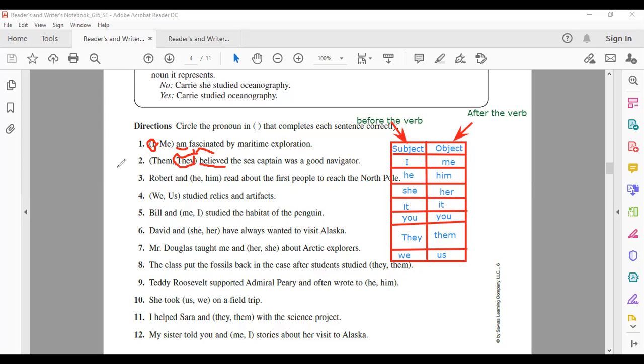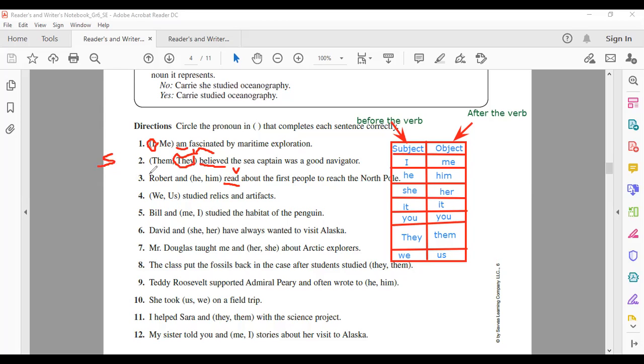Robert and he read about the first people to reach the North Pole. Where is the verb? Robert and he do what? Read. So read is the verb, correct? And we said that everything before the verb is subject or object? After the verb, object. Before the verb, everything is what?